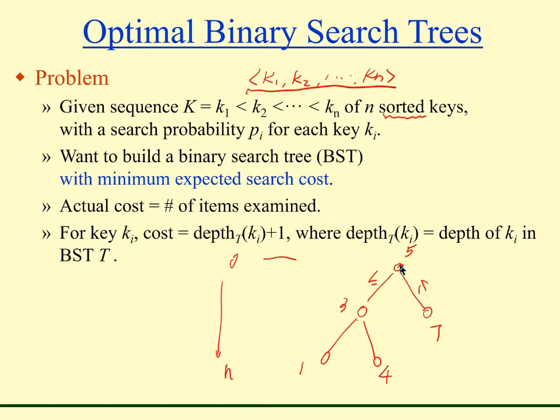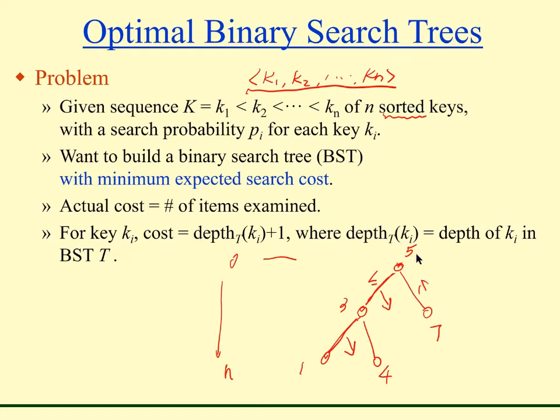So we need to add one more. Same for here, this is layer 2. To reach here, you need to start from here and here and here. So it's one more than the depth, right? So this is depth 1, depth 2. So add one more, just because this is only the depth, how many steps, but you will examine 3 elements, 3 keys.